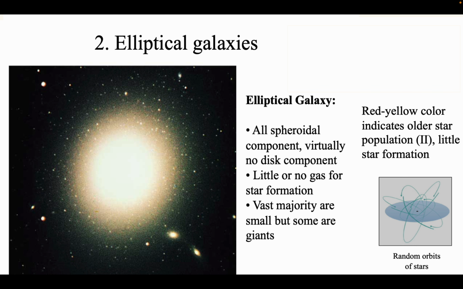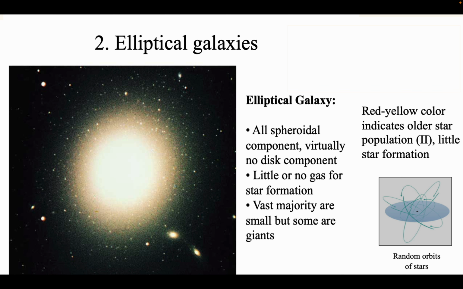But according to some recent studies, there is some evidence that elliptical galaxies also contain some amount of gas for star formation, but that gas is not efficient enough to form stars, and that case we will not discuss here.